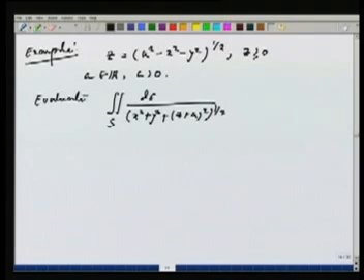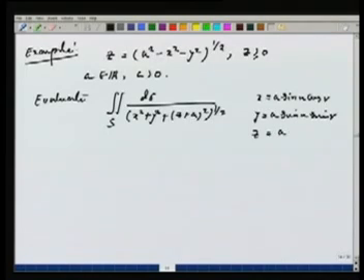Now to evaluate this integral, I will use the parametric representation, that is x equals a sin u cos v, y equals a sin u sin v, z equals a cos u. In that case, I know the area element ds, that turns out to be a square sin u.